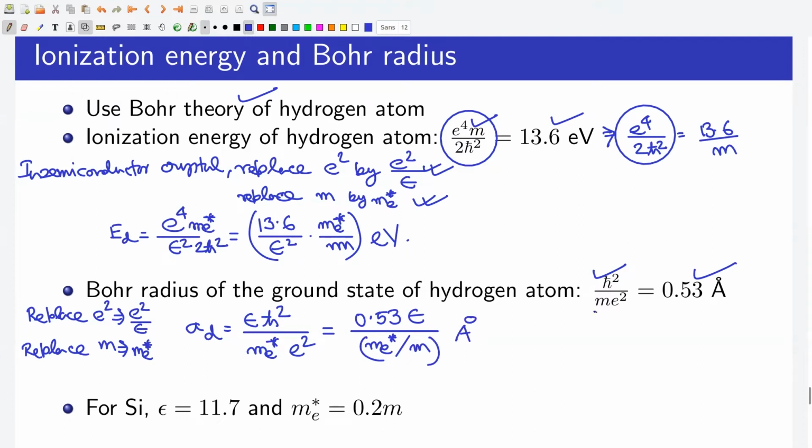Note that I have used this equation to write this step.